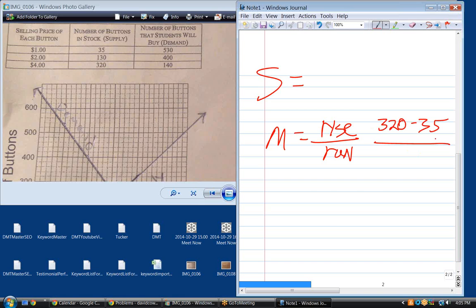What is the run doing in that interval? That's on supply. So you try to use your numbers with that, like some of the numbers that you were given on the board. The run is going to be the horizontal axis, the change in that value.